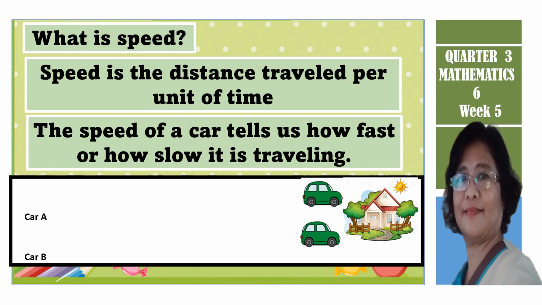Which car runs fast? Correct. It is car A. Which car runs slow? Very good. It is car B. If there is no motion, there is no speed.